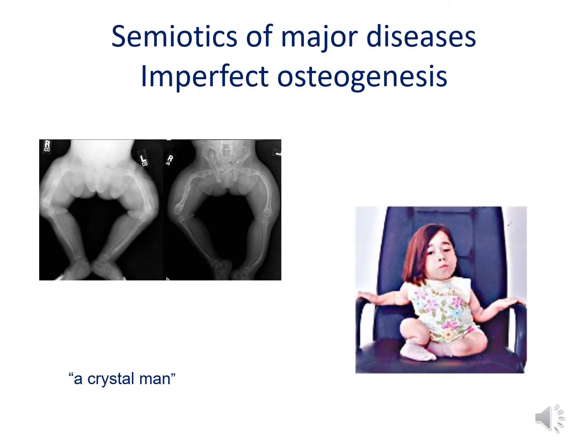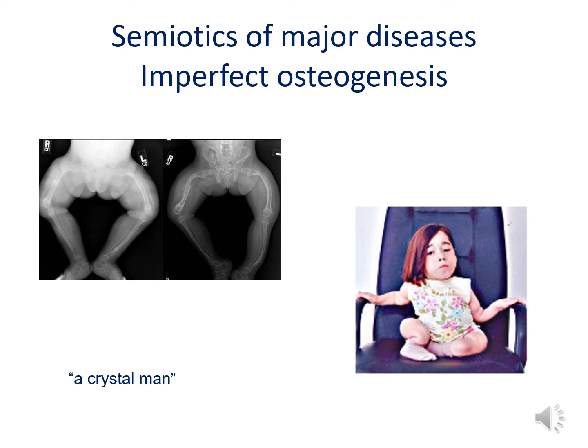Let's consider some examples of semiotics of major diseases of the skeletal system. One of them is osteogenesis imperfecta. These patients are called crystal men. Their bones are very fragile and minor trauma may lead to multiple fractures.